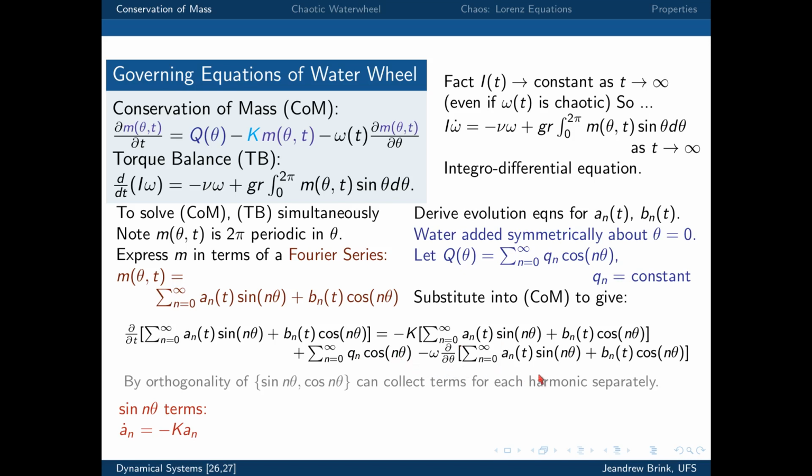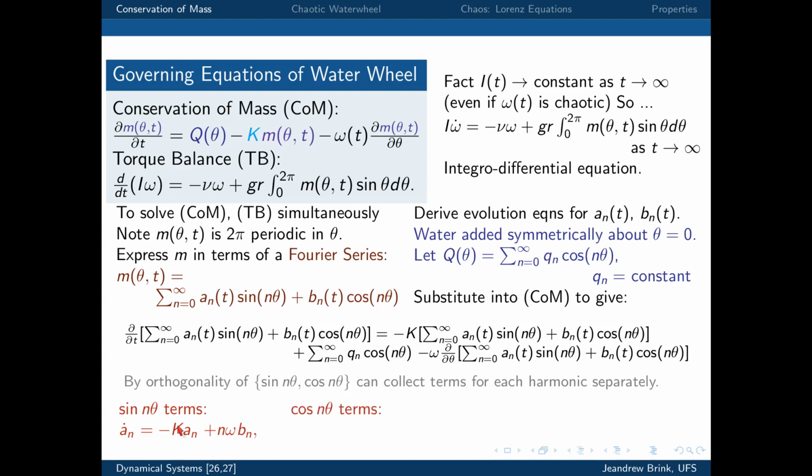Over here, we have to be careful because we first have to take the derivative. So my sin term comes from over here because d/dθ of cos nθ is minus n times sin nθ. So what we have is our b_n times omega times minus n. So we have this plus b_n term. Okay, and that's it. So we now have an ordinary differential equation for a_n.